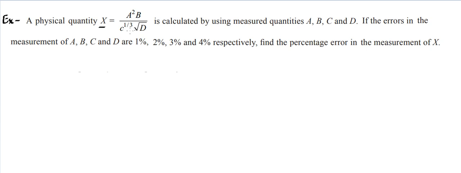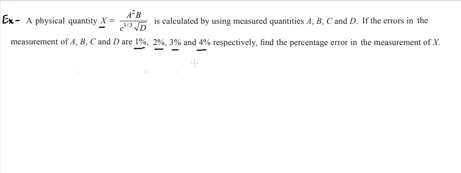So a, b, c and d are known to us. Once a, b, c and d are known to us, we can simplify it to find the value of x. So this is how some formula is being given. Now we need to talk in terms of error. It says if the errors in measurements of a, b, c and d are as follows: measurement of a has 1% error, measurement of b has 2% error, measurement of c has 3% error, measurement of d has 4% error.